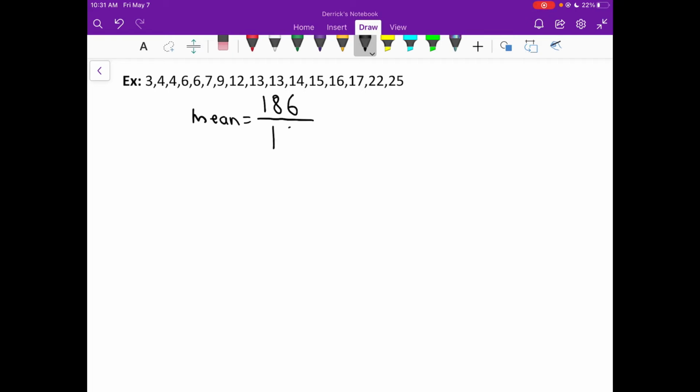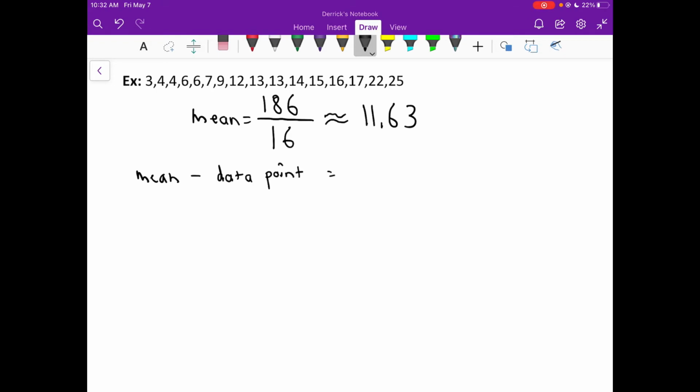We have 16 different numbers here. So we need to take 186 divided by 16. And if we do that, we will find that our mean is approximately 11.63. Now what we're going to do, and this is where the process gets long, we're going to take this mean of 11.63 and we are going to find the difference with every single data point, all 16 of them.